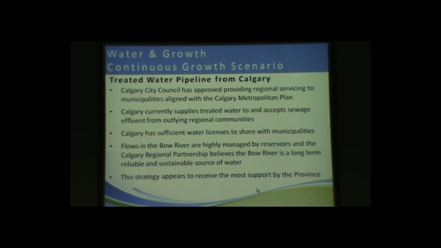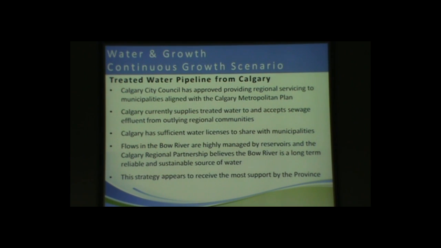The City of Calgary Council has approved providing regional servicing to municipalities that are aligned with the Calgary Metropolitan Plan. Calgary currently supplies treated water to and accepts sewage effluent from outlying regional communities such as Airdrie, Strathmore, Chestermere, and Cochrane. Calgary has sufficient water licenses to share with municipalities.